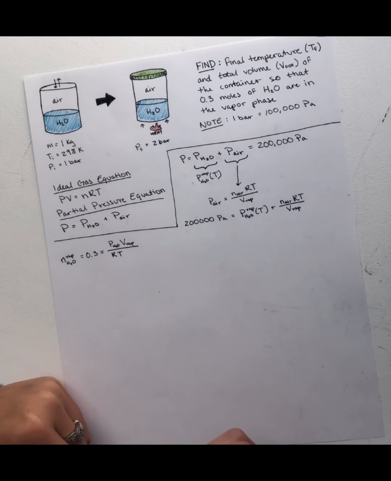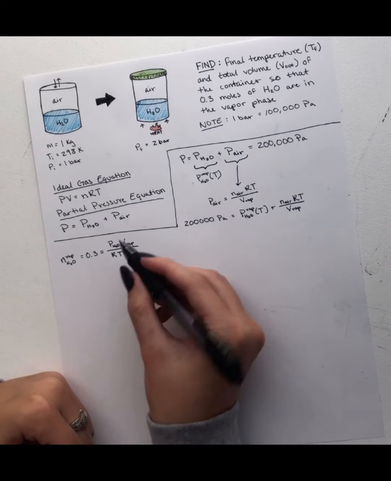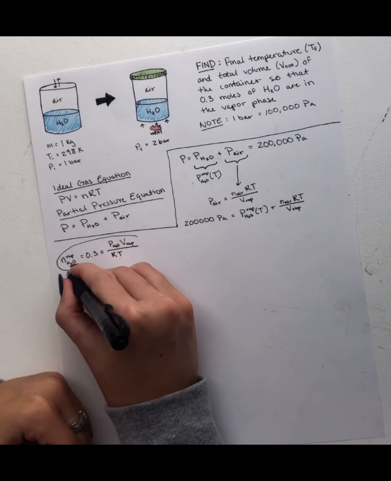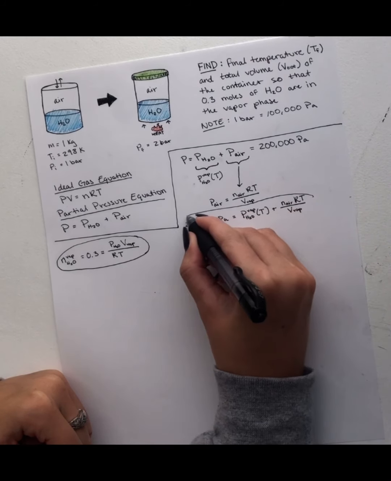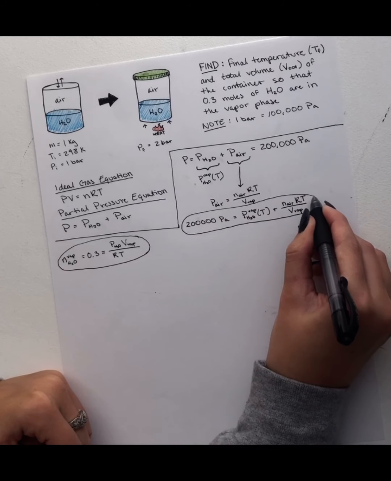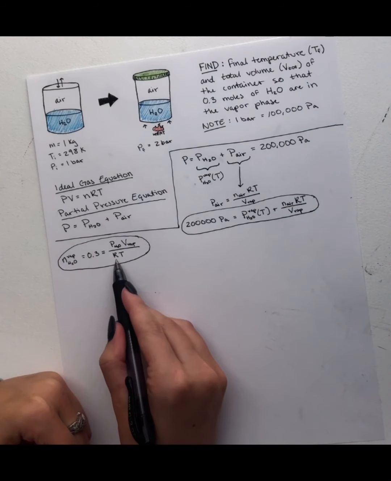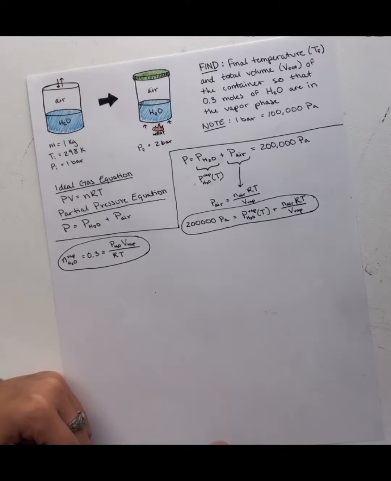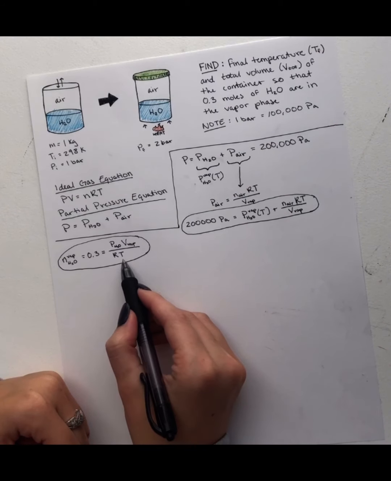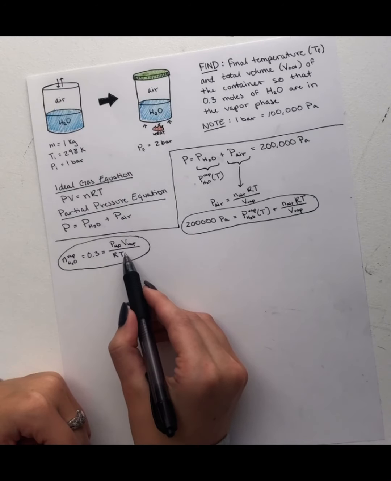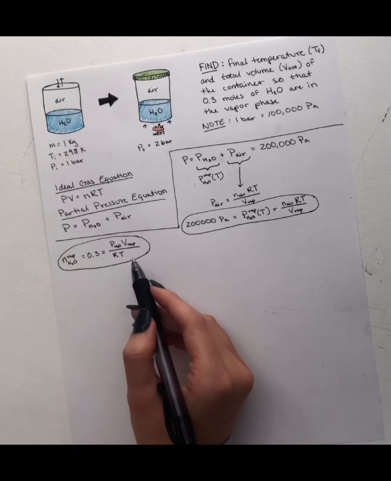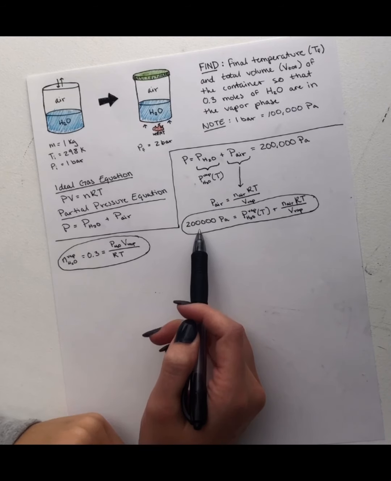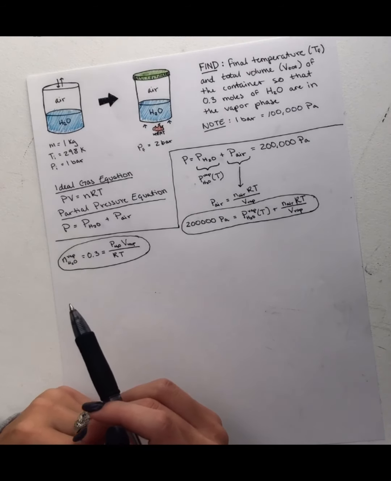So now we have our two equations. We know R is a constant, it's the ideal gas constant. We know the pressure that we want, 200,000 pascals.